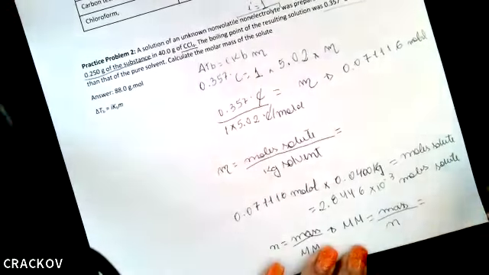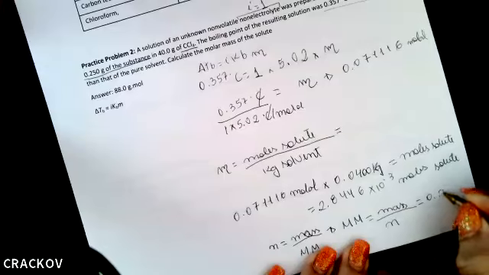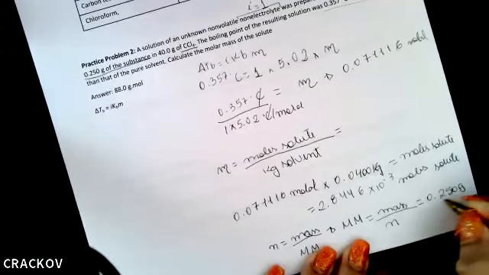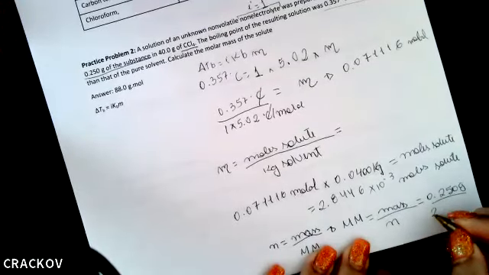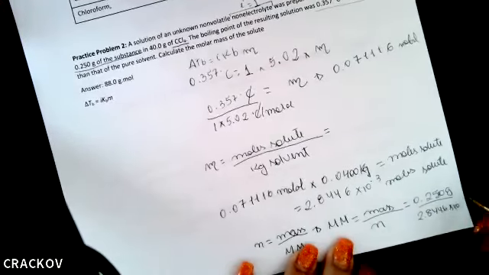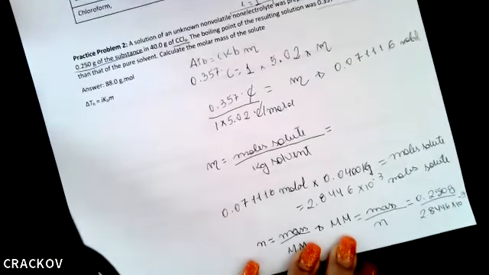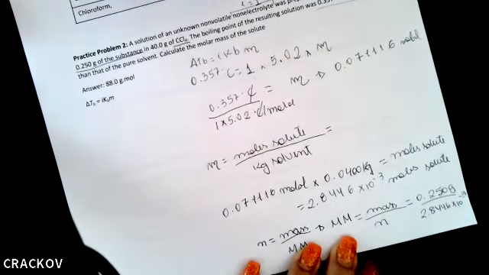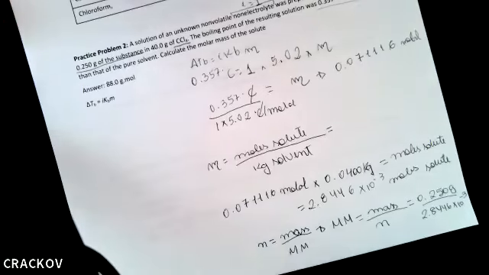So it will be 0.250, this one, divided by 2.8446 times 10 to the minus 3. So what is going to be the answer here?